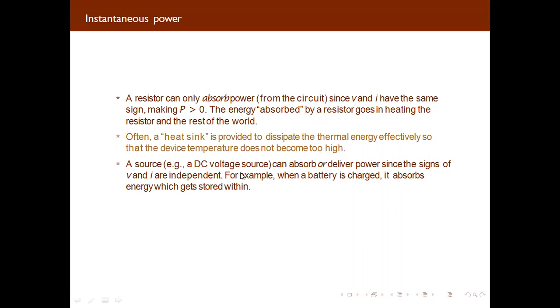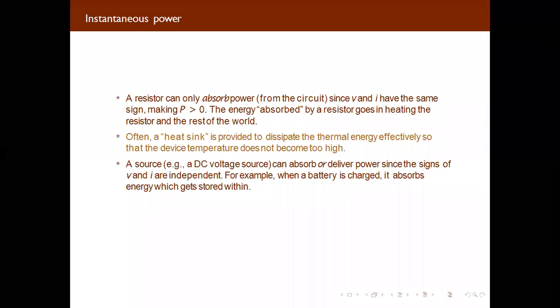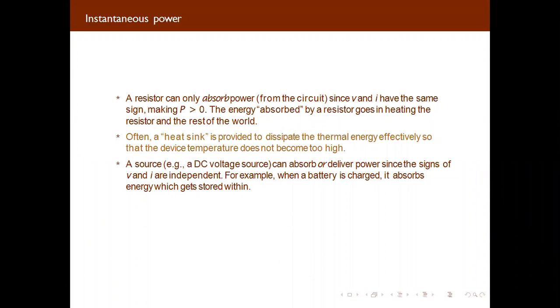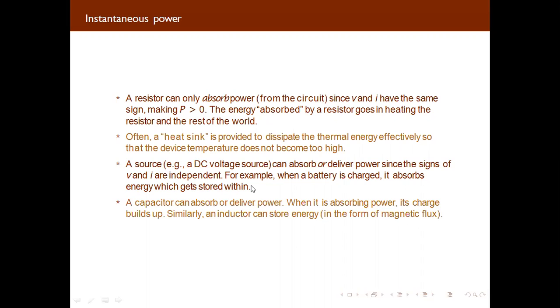Again, if you see a source, we can say a DC voltage source can absorb or deliver power. It means it can take or give power, since the signs of voltage and current are independent. So if we take one example, if a battery is charged, it will absorb the energy which gets stored within it.